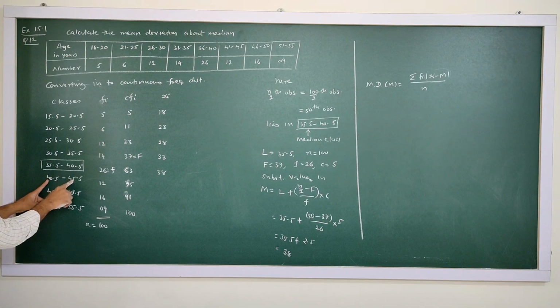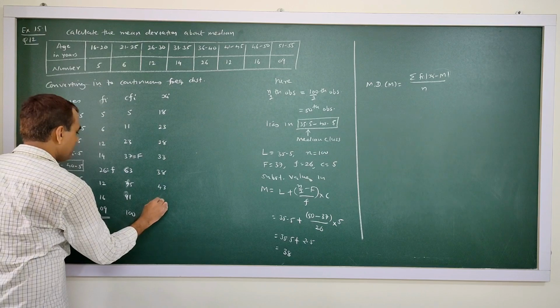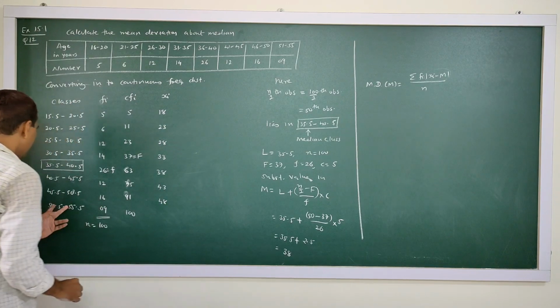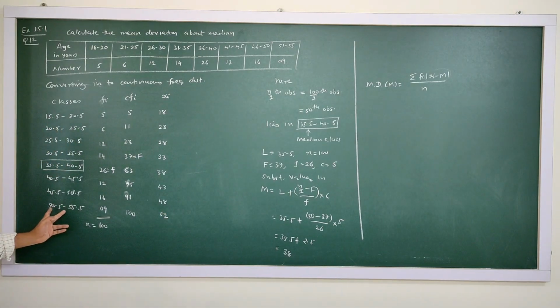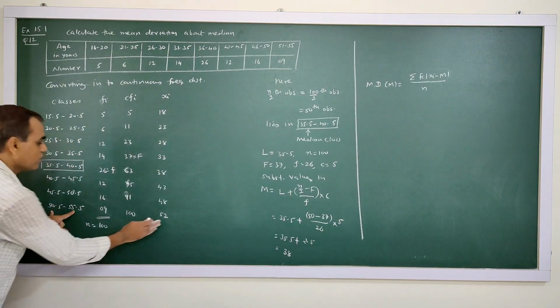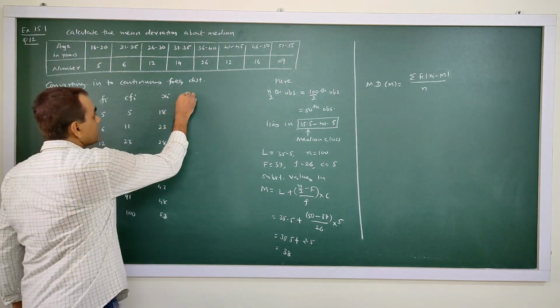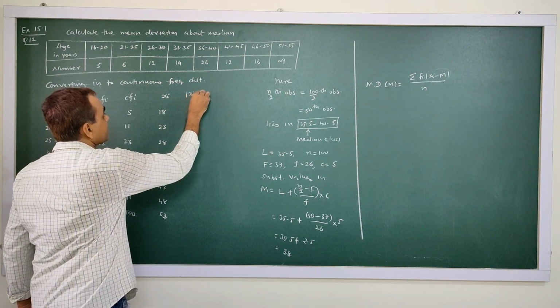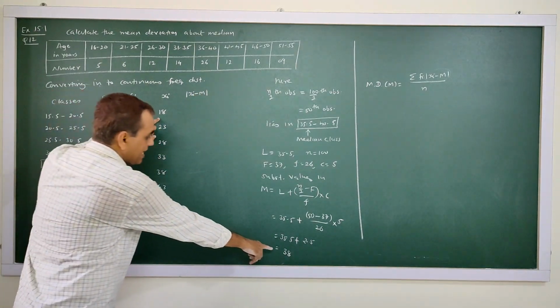The total of these two is 86, divided by 2 is 43. Then here there will be 48, and here there will be 53. Now modulus xi minus M: from each number we subtract 38.